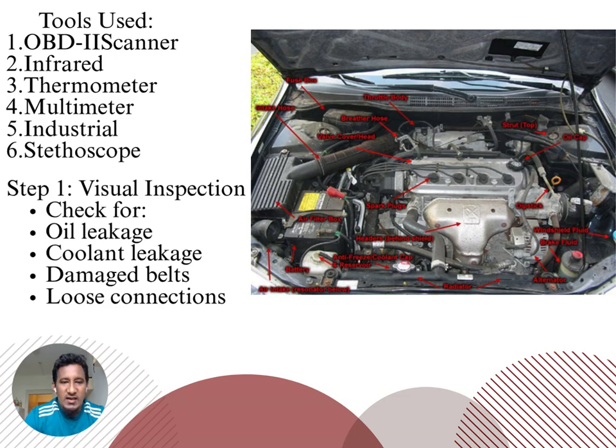Nowadays we can inspect our engine and powertrain system in different ways. At first we can inspect our engine visually. If we want to find out some problem from our engine and drive shaft, we can inspect visually, like oil leakage, coolant leakage, damaged belt, and loose connections, which is very important.